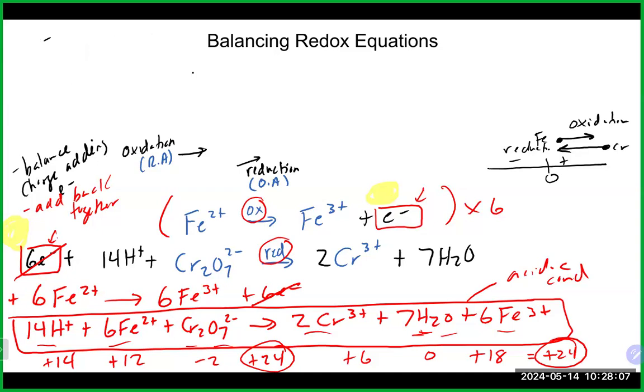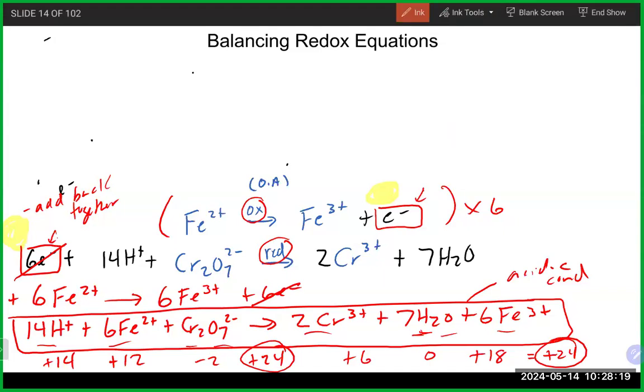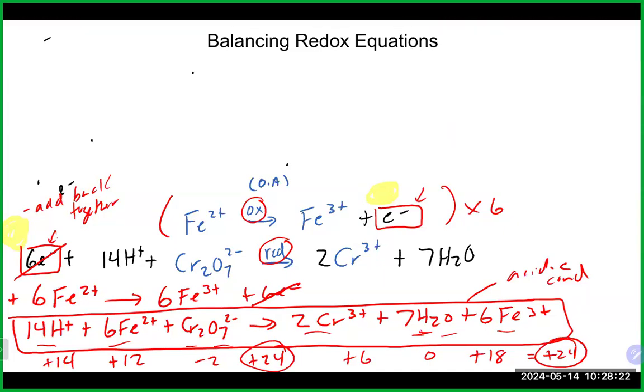And now that you have it in acidic conditions, what you could do is take your acidic equation. And again, I'm just going to recopy it up on top here. And we got here 14 H pluses plus 6 of those plus that.